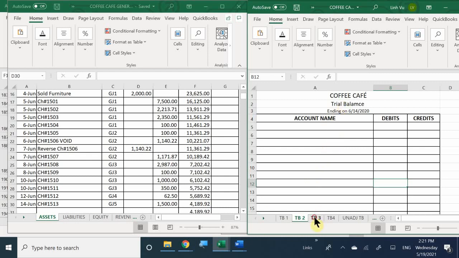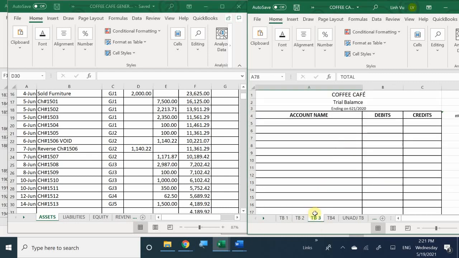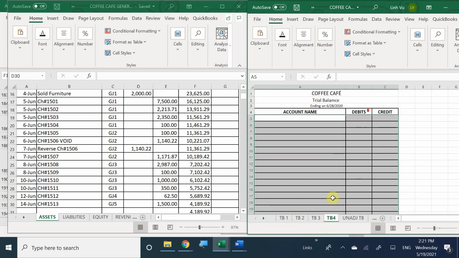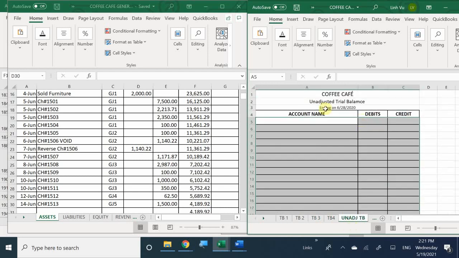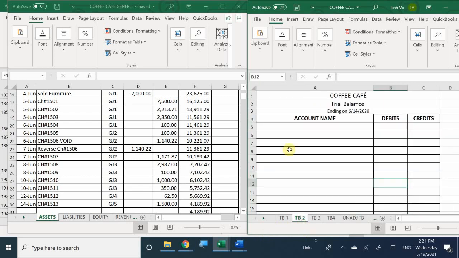You have one for the 21st, one for the 28th, and one on the 30th. Each one you could start from scratch, but what I want you to do is just practice looking at how to formulate the trial balance. So start with the first one, make sure that you're on the correct one.